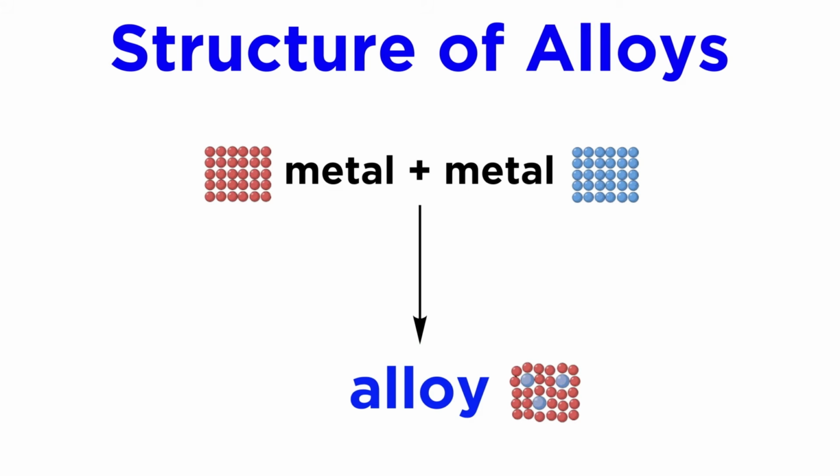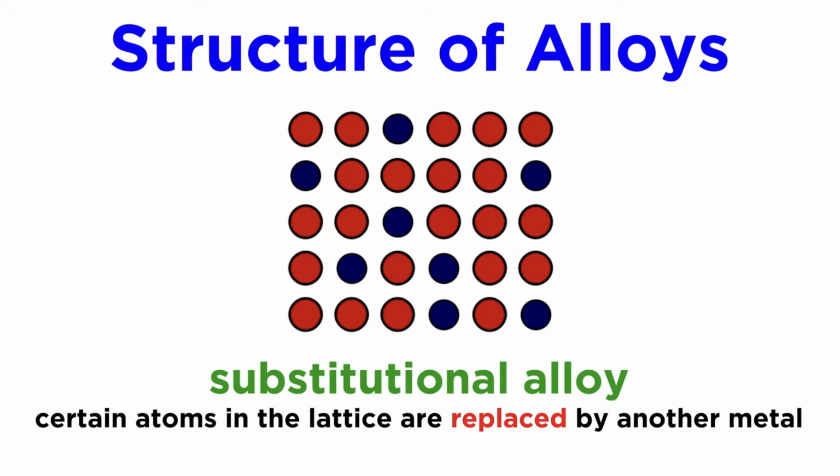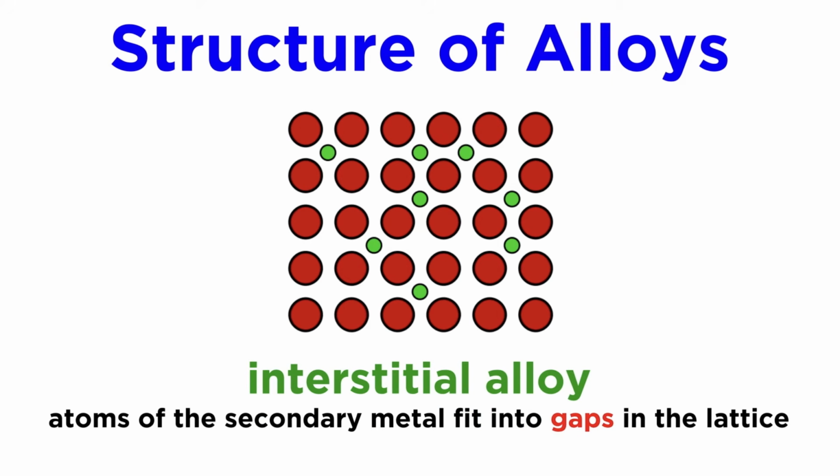Metals can also mix together to form alloys. Substitutional alloys form when the metal atoms are of similar size. Here, atoms of both metals are incorporated directly into the lattice structure, participating in metallic bonds. Brass is an example of such an alloy, which is a mixture of copper and zinc. On the other hand, interstitial alloys are ones that form between metals with atoms of different sizes.